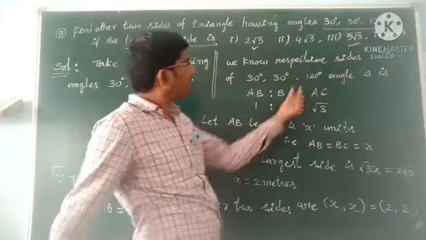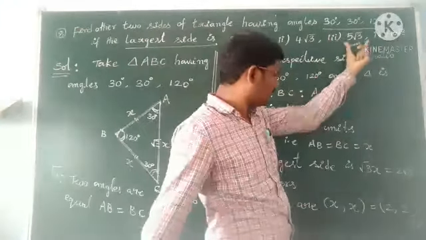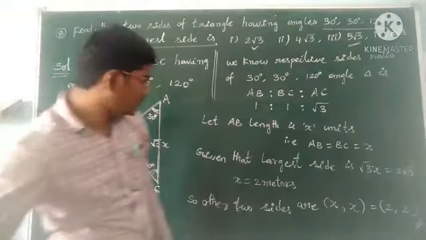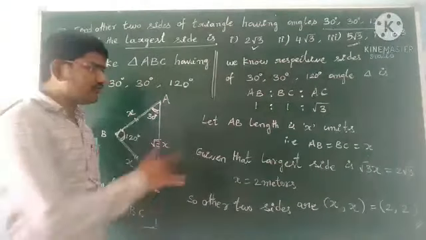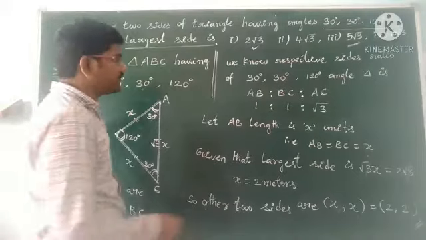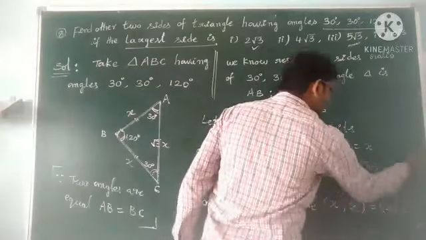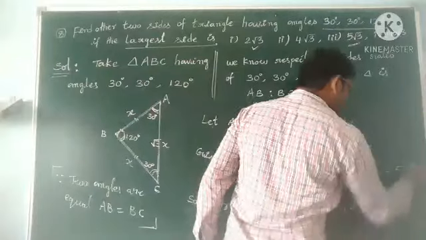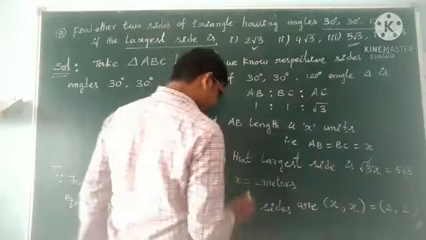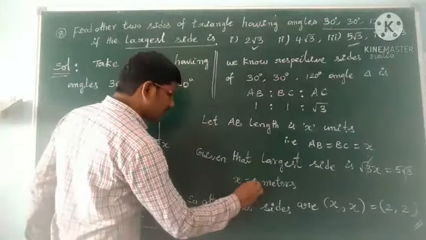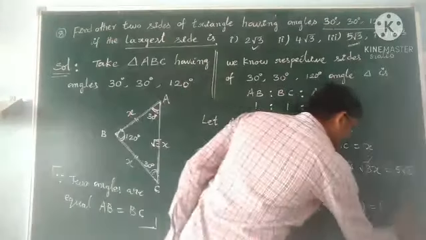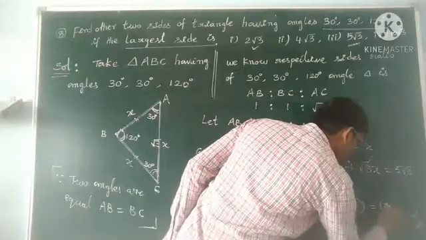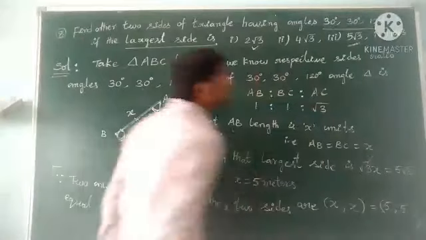Now the largest side given is 5 root 3. Then root 3 gets cancelled, and you will get x value as 5 meters. Then the answer will be 5 comma 5.